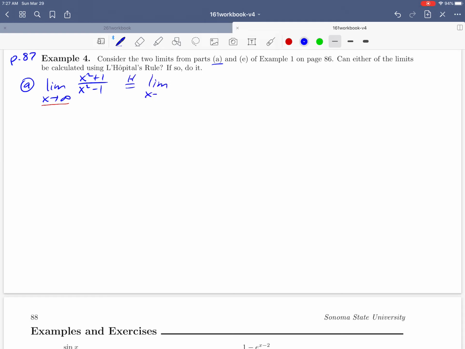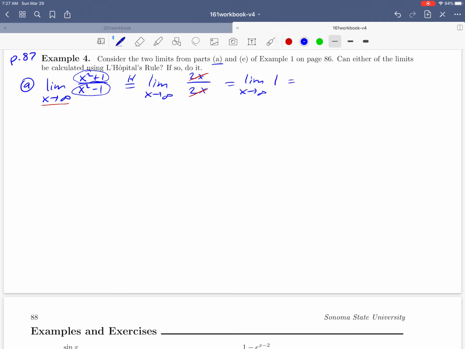Just to save some space here, I'm going to get rid of that. We'll proceed to use L'Hopital's rule here, which involves taking the derivative of the top and the bottom. The derivative of x squared plus 1 is just 2x, and the derivative of x squared minus 1 is 2x.